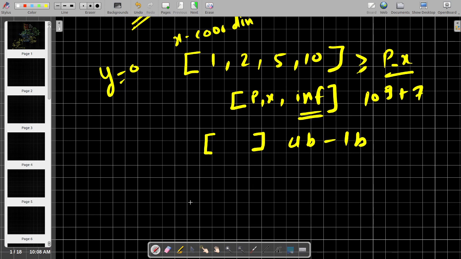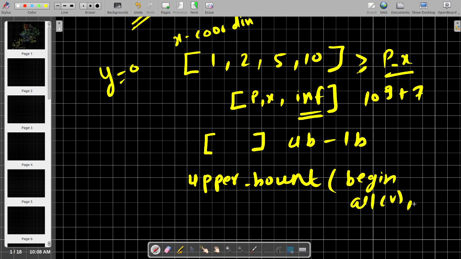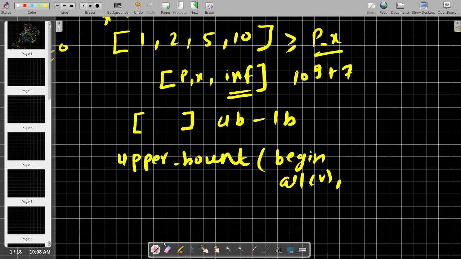C++ has this inbuilt STL function, upper bound, of begin of v. You could see the syntax. I generally prefer all of v. Upper bound of begin, end of v and px. Oh sorry, this will be infinity, my bad.